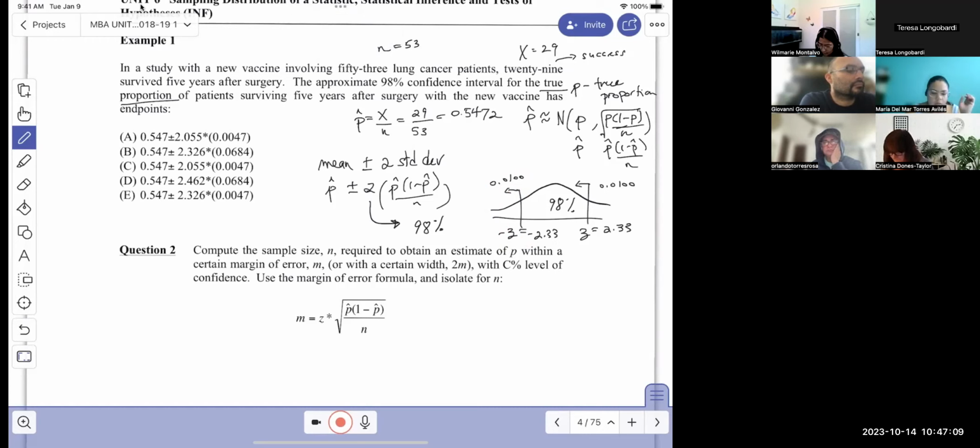Okay, so it's not 2. To be precise, using the tables with 4 decimals of probability and 2 decimals of z score, this should be 2.33, right? So I want 98, not 95.